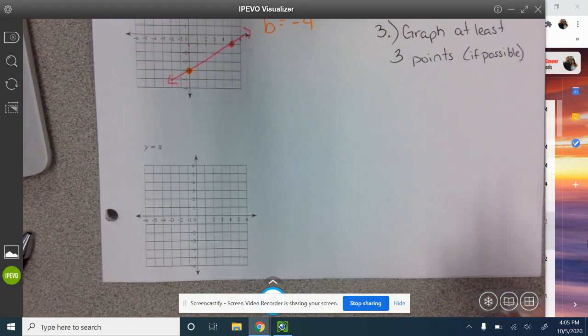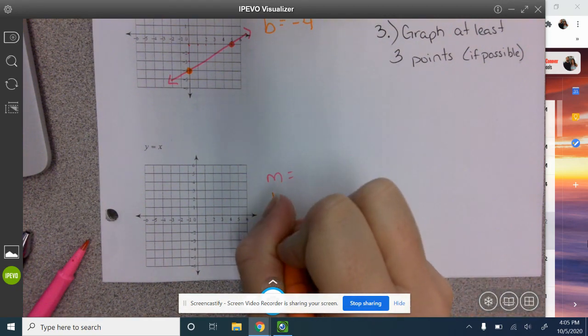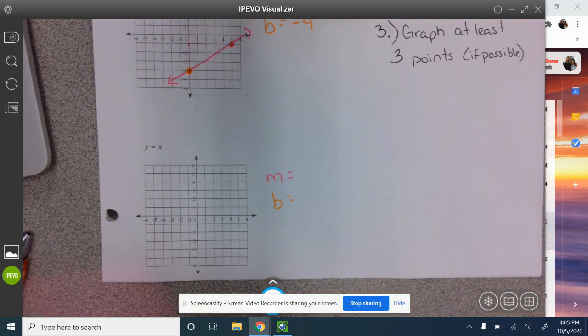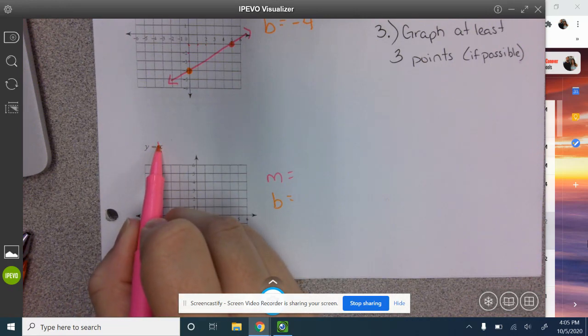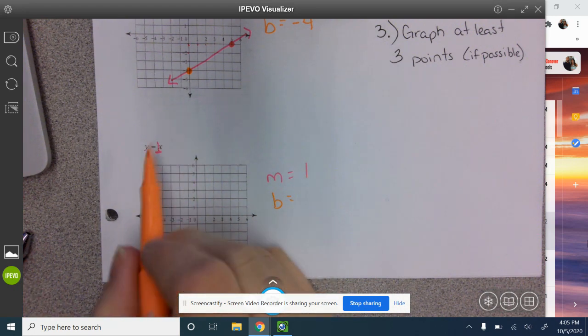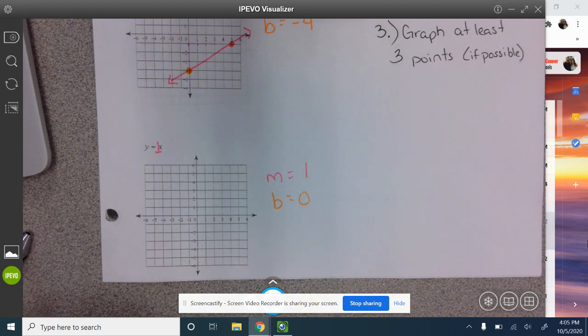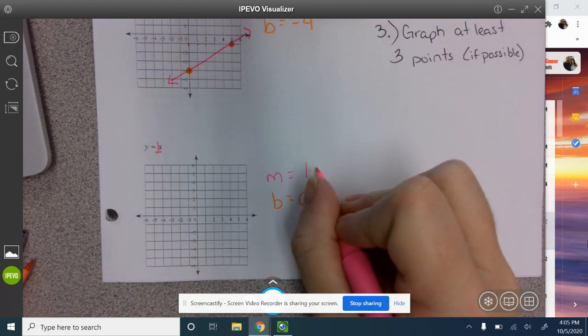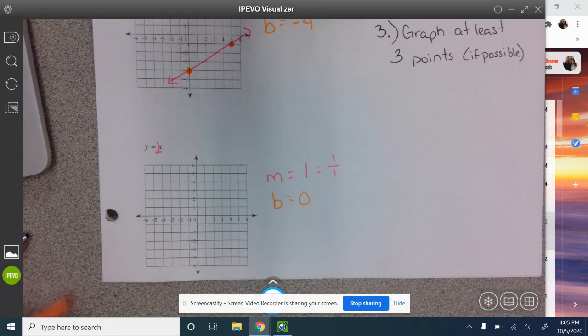All right, our next one is y equals x. First thing we need to do is figure out m and b. M, what number is in front of x? If there's no number in front of x, remember there's always an imaginary 1. And b, I don't have anything written there, so my b would be 0. So 1, to write it as a fraction, rise over run, would be 1/1.